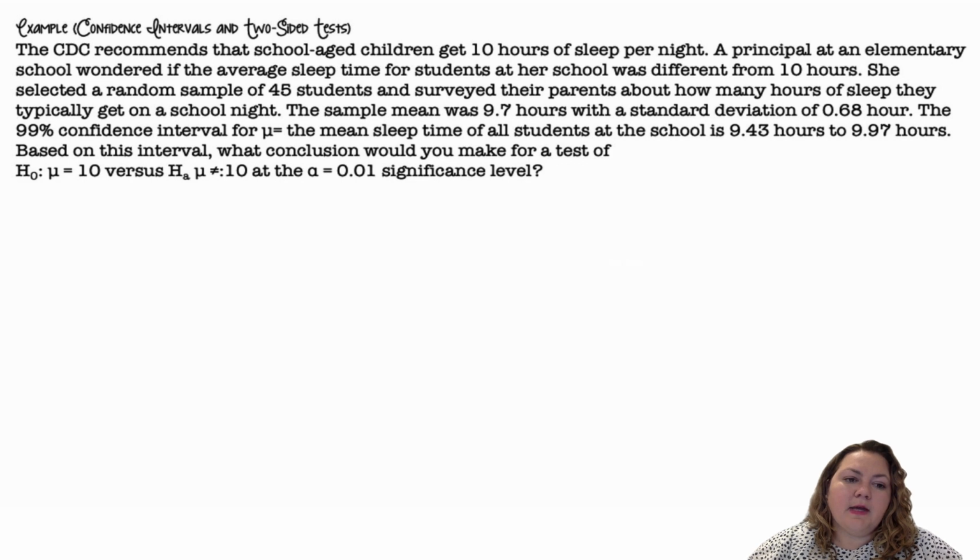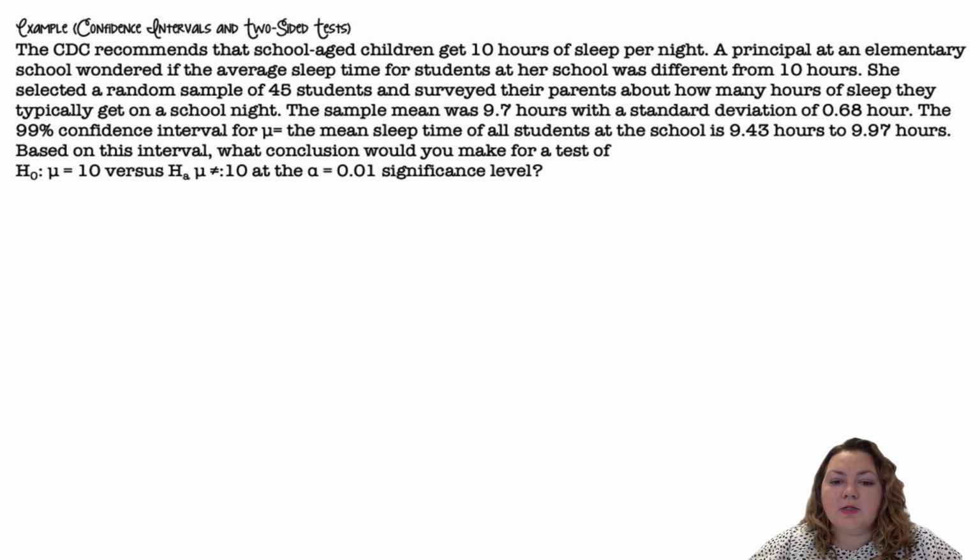All right, confidence intervals for two-sided tests. The CDC recommends that school-age children get 10 hours of sleep per night. A principal at an elementary school wondered if the average sleep time for students at her school was different from 10 hours. She selected a random sample of 45 students and surveyed their parents about how many hours of sleep they typically get on a school night.